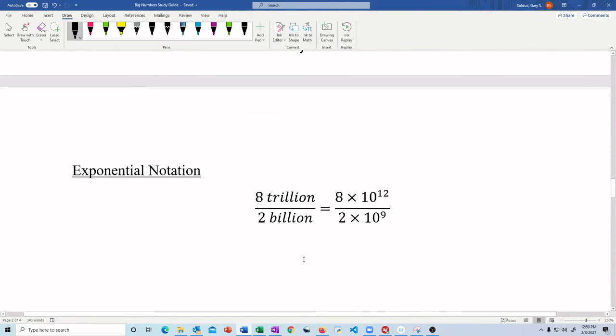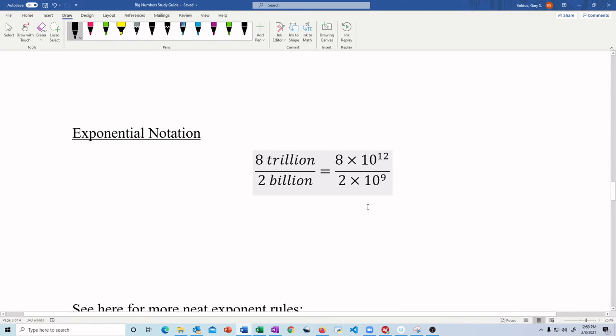Okay, so what's the kind of neat thing that happens here? Oh, it's so great. Watch this. Whenever you're doing division, multiplication, where you have these exponents here, this times 10 to the power, times 10 to the power, what you get to do is you get to just take the powers and focus on them.